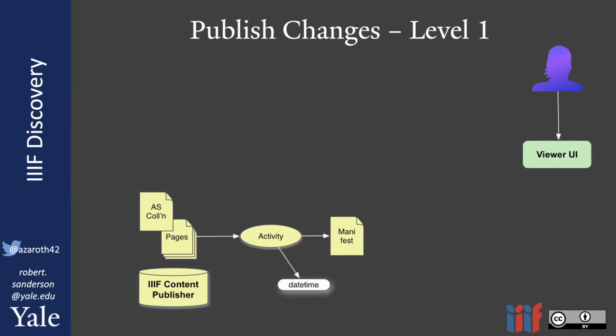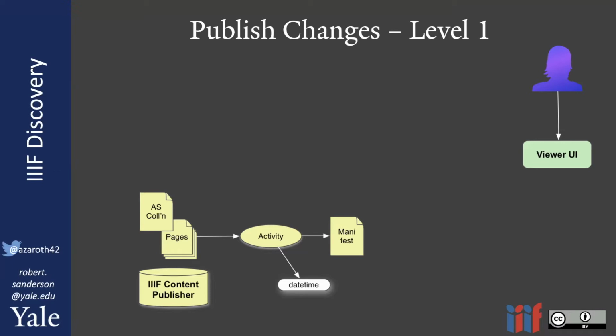So level 1 then adds that critical piece of information. When did the activity take place? When was the manifest published, or when was it updated? At this point, we also introduce some additional restrictions, such as the set of activities across all of the pages within the collection has to be ordered from the least recent to the most recent.